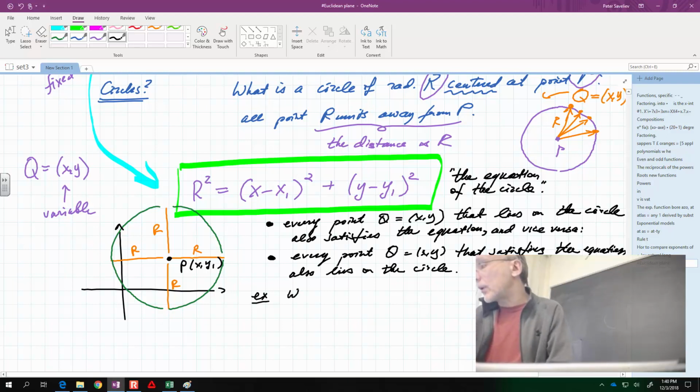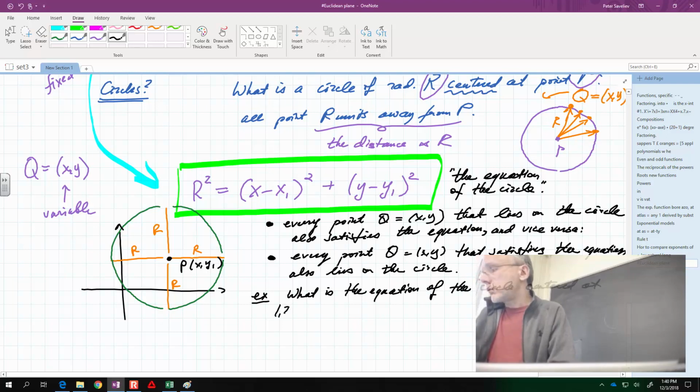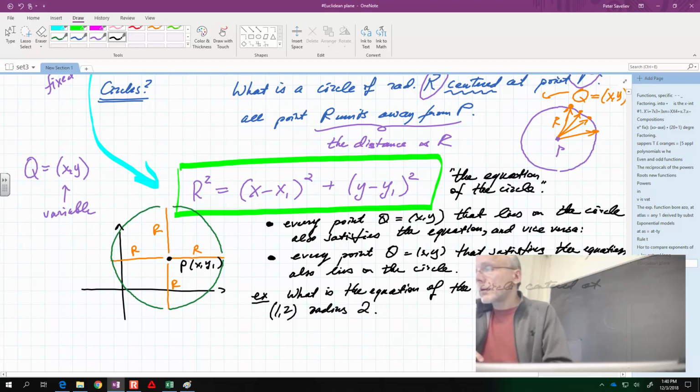So for example, what is the equation of the circle centered at 1, 2 with radius 2? That is roughly what my picture is supposed to indicate. Just plug it in. These three numbers are plugged into my formula. x1, y1 and r are the parameters of the equation, and x and y are the variables.